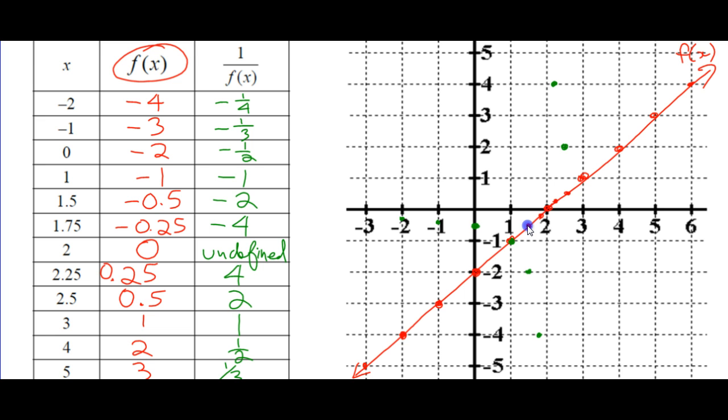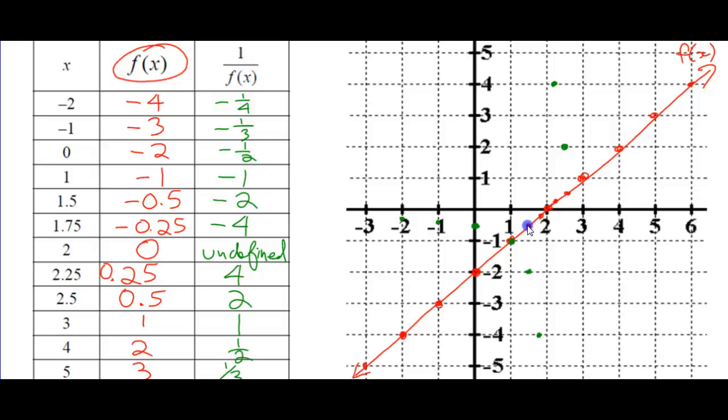All right, so are we ready to graph the green graph? How do we do it? It's just like 2. Okay, so what do we do with undefined? Think about this. As we get closer to 2, remember it's x minus 2, right?